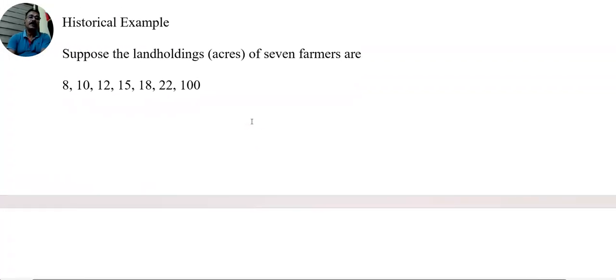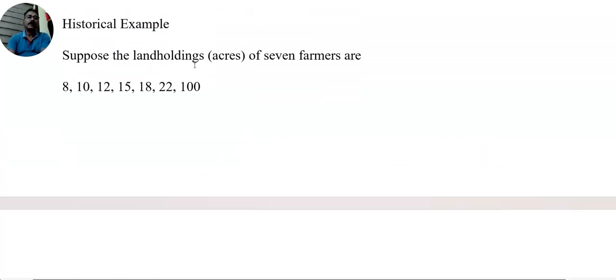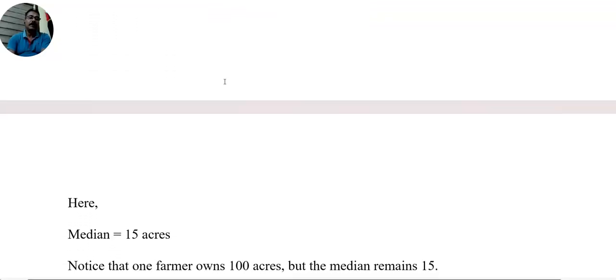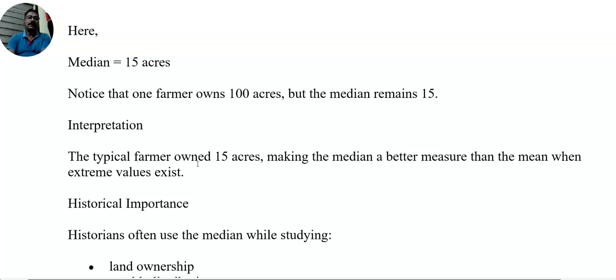So here the median is the appropriate average as far as wealth distribution and land holdings are concerned. The typical farmer owned 15 acres, making the median a better measure than the mean when extreme values exist.